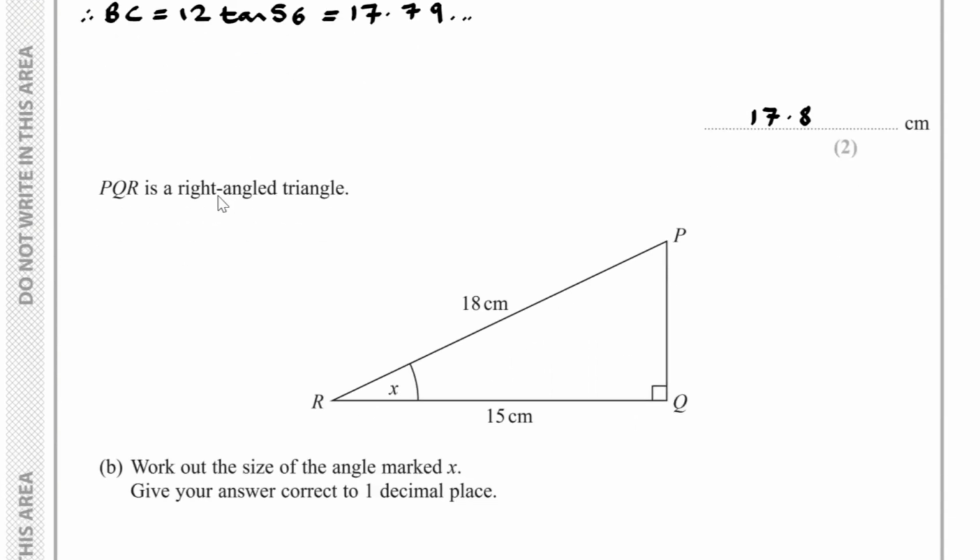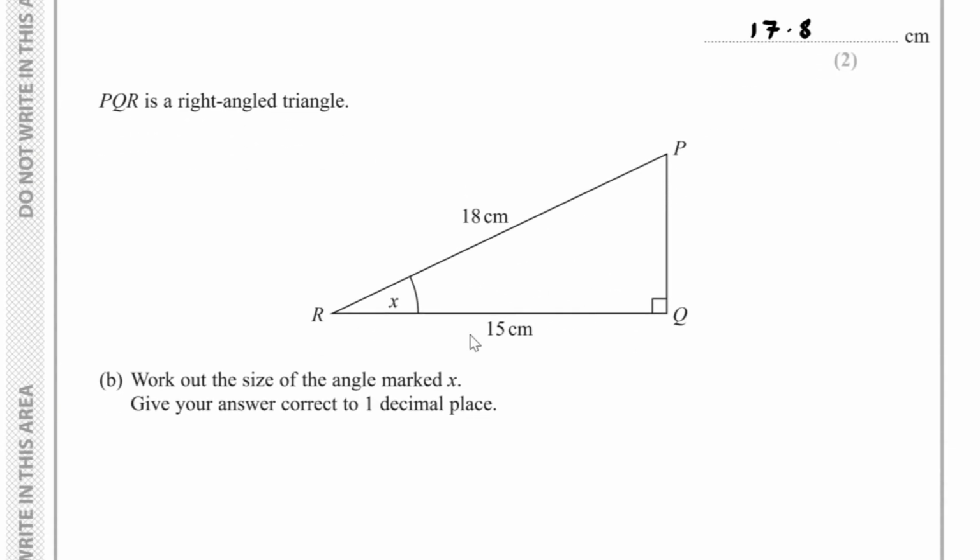Then we've got PQR, which is a right-angled triangle, and we have to work out the size of the angle marked X, give your answer correct to 1 decimal place. Well, again, let's label the sides of the triangle. I've got the largest side, which is the hypotenuse. I've got the 15 over here, which is the adjacent.